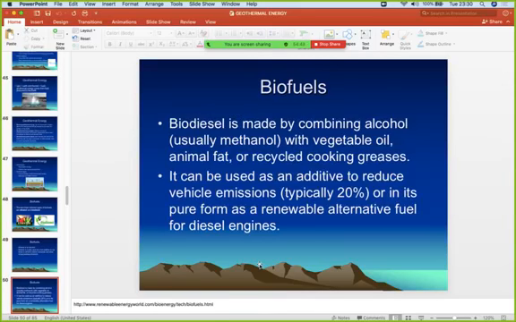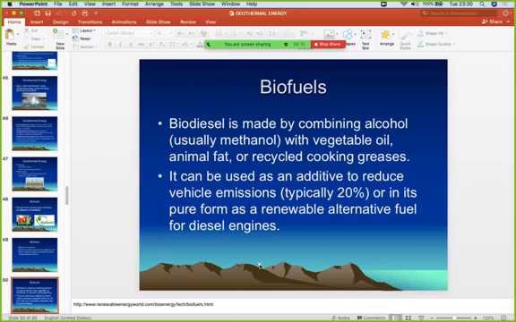Biodiesel is made by combining alcohol, using methanol, with vegetable oil, animal fat, or recycled cooking grease. There are also discoveries that made use of biodiesel. They try to combine alcohol with oil.